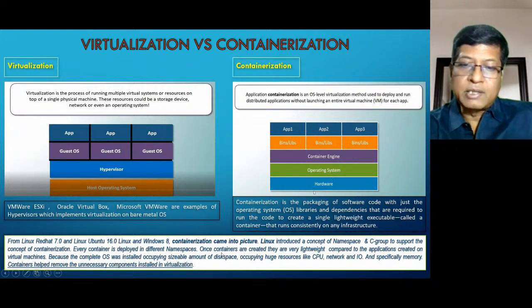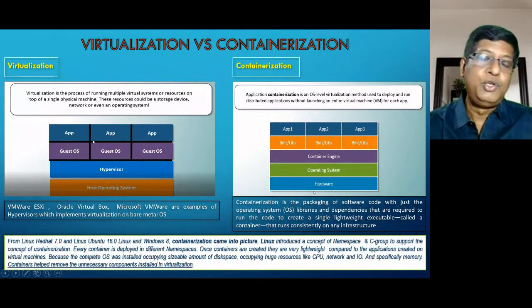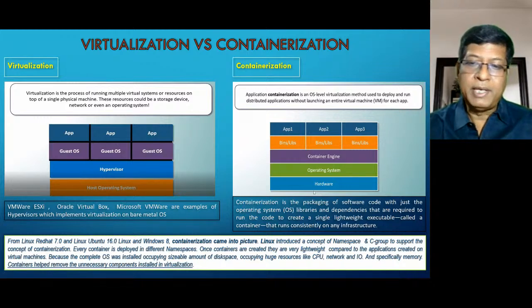So once containers are created, they are very lightweight compared to the applications created on virtual machines, as we have discussed. Because the complete OS was installed, occupying a sizable amount of disk space and huge resources, with the entire OS being installed for one application, the OS will take up an enormous amount of CPU, memory, network, and input and output.